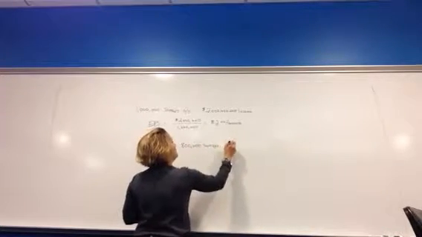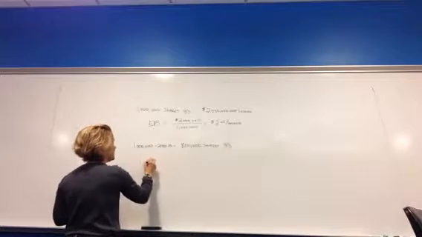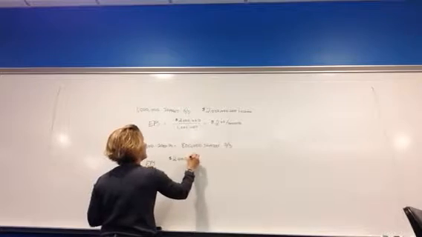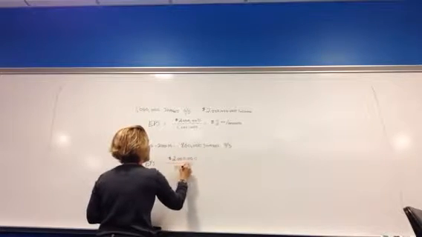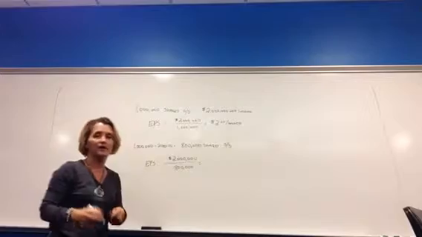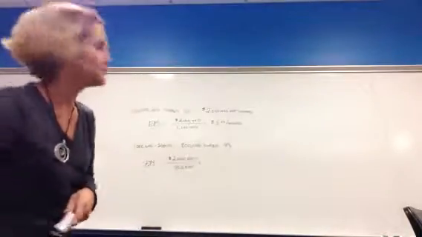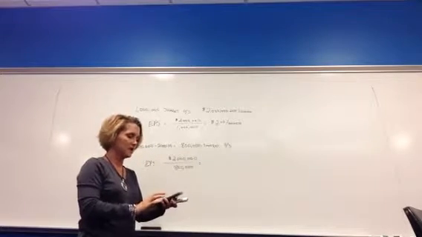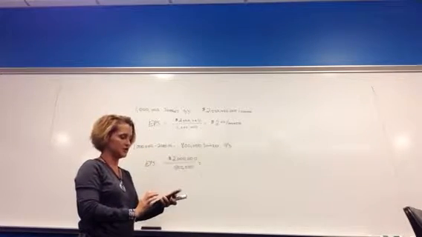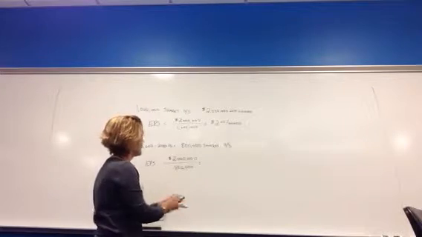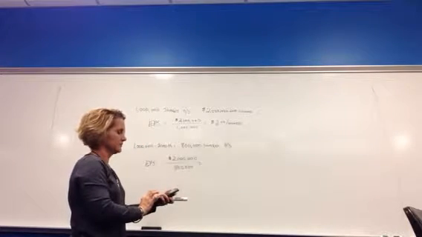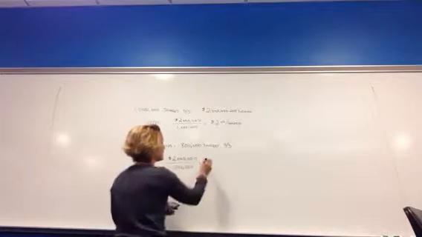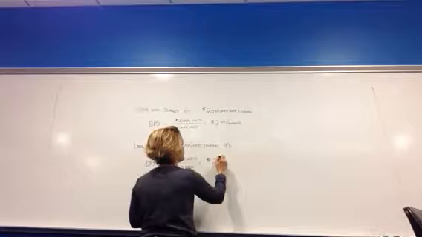So if their net income didn't change, if they still had $2 million of net income and they had 800,000 shares, then now if we take that $2 million and we divide it by our 800,000 shares, that gives us $2.50 per share.